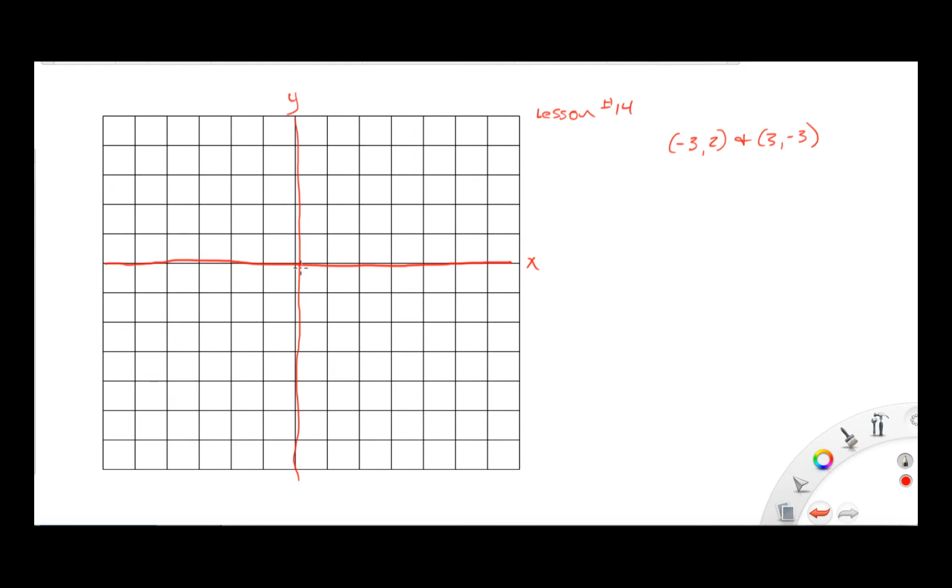So we're going to start by actually graphing these points. So let's start with this one. Okay, -3 on the x-axis and up 2 gives us that point, and then this one is a positive 3 on x and a negative 3 on y, so it's going to be here.